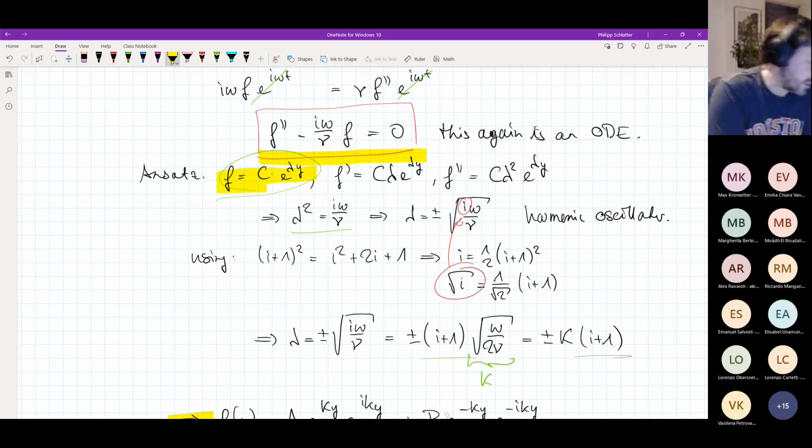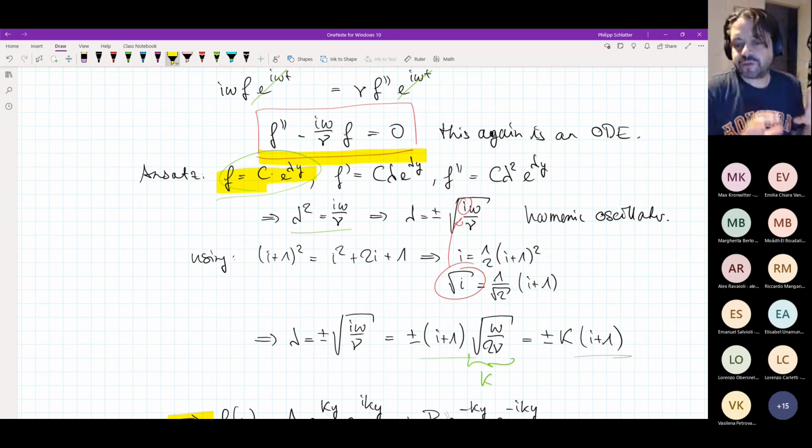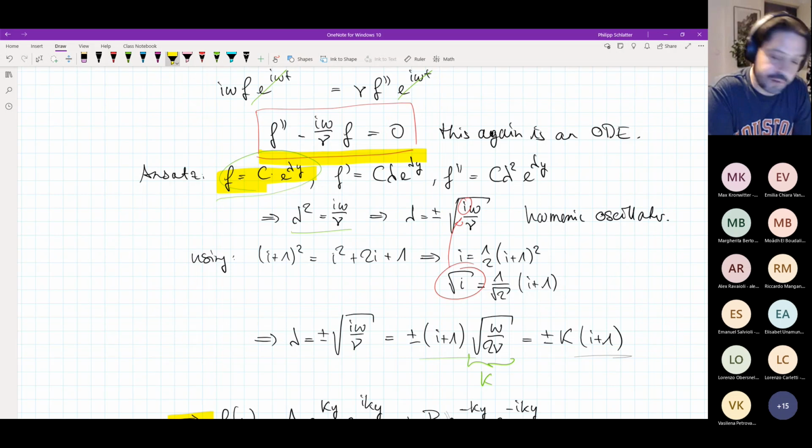Why can we do that? Well, because we see that essentially this ODE says that f double prime equals i omega divided by nu times f. So the functional form of the second derivative needs to be the same as the zeroth derivative. And of course, one typical function where derivatives are the same as the original function is the exponential.